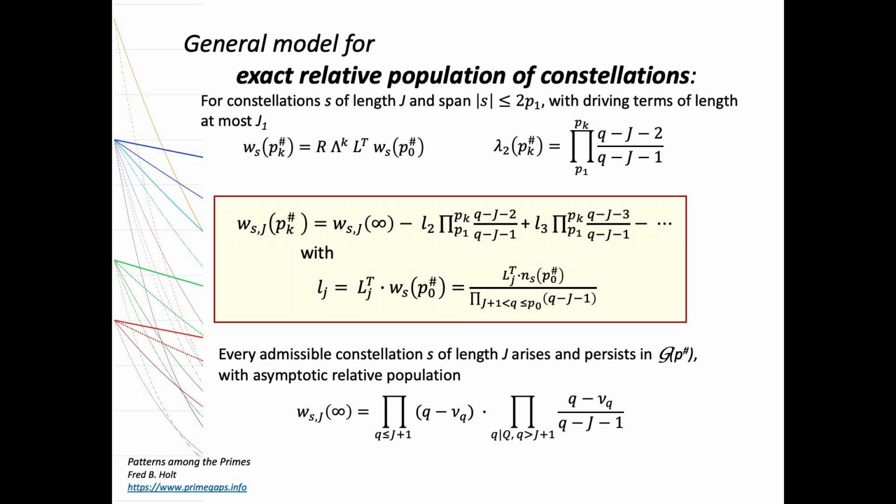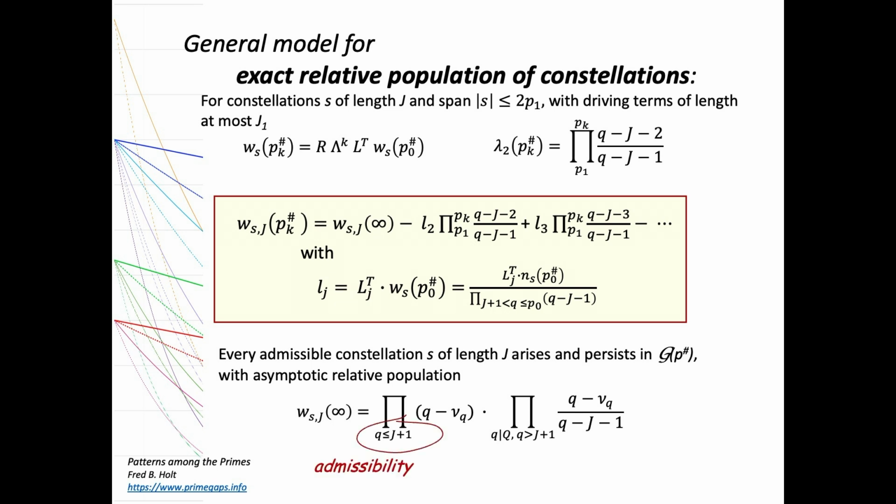of these products. The product from Q up to j plus 1 of Q minus nu times the product for larger primes that divide that Q. Remember, Q was the product of primes that divide a span between boundary fusions within a constellation of Q minus nu over Q minus j minus 1.